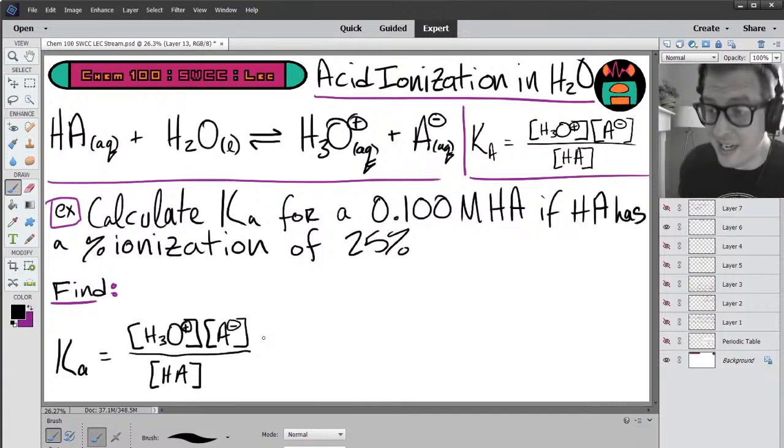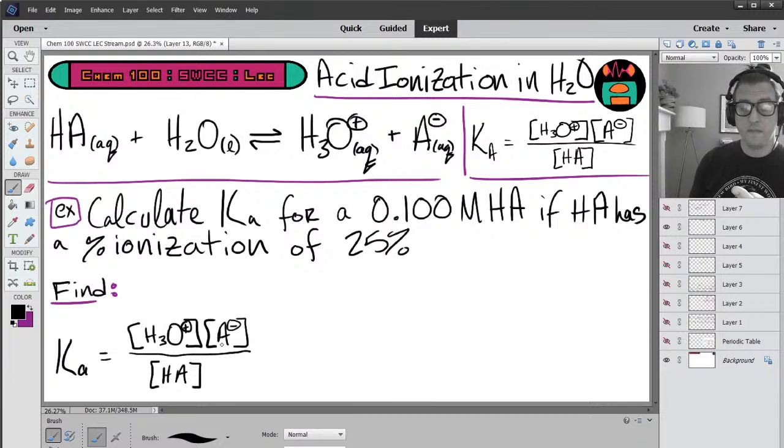All right, so we need to find three things to do this calculation. We need concentration of hydronium, concentration of our conjugate base, and the concentration of HA.